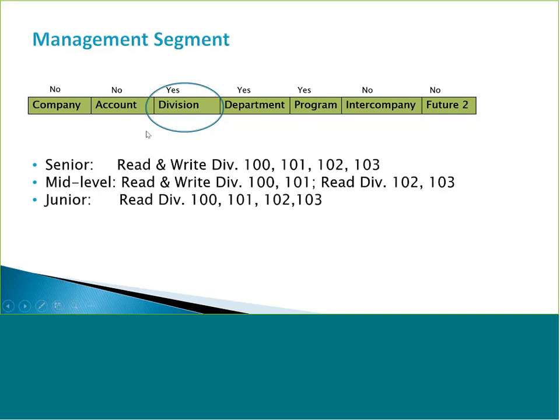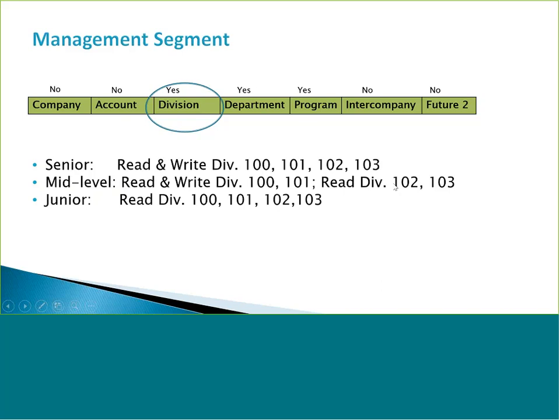For the one with the balancing segment, we are going to give read and write access to company 1, and then read access only to company 2. For the management segment data access set, we are going to implement it as it is here for the mid-level. With those two examples, we are going to be able to understand the whole concept.